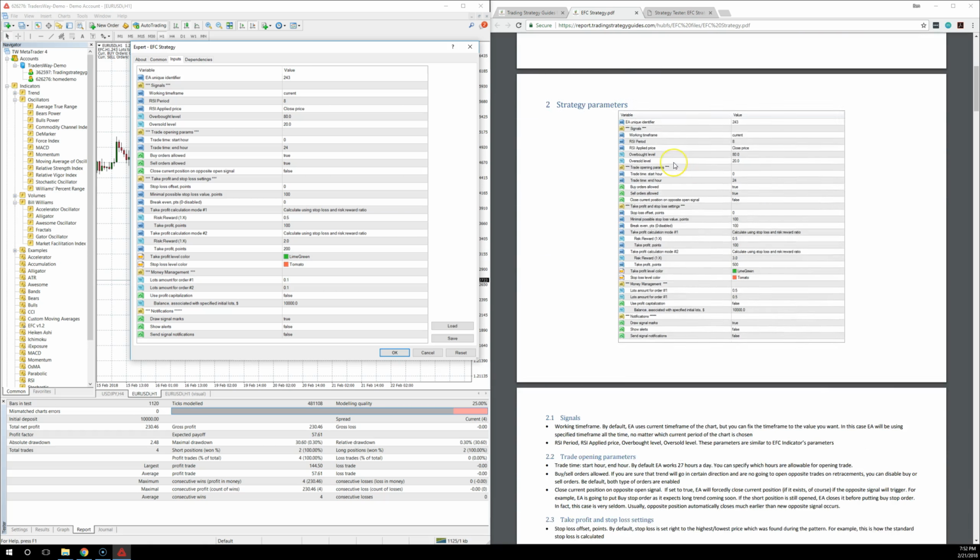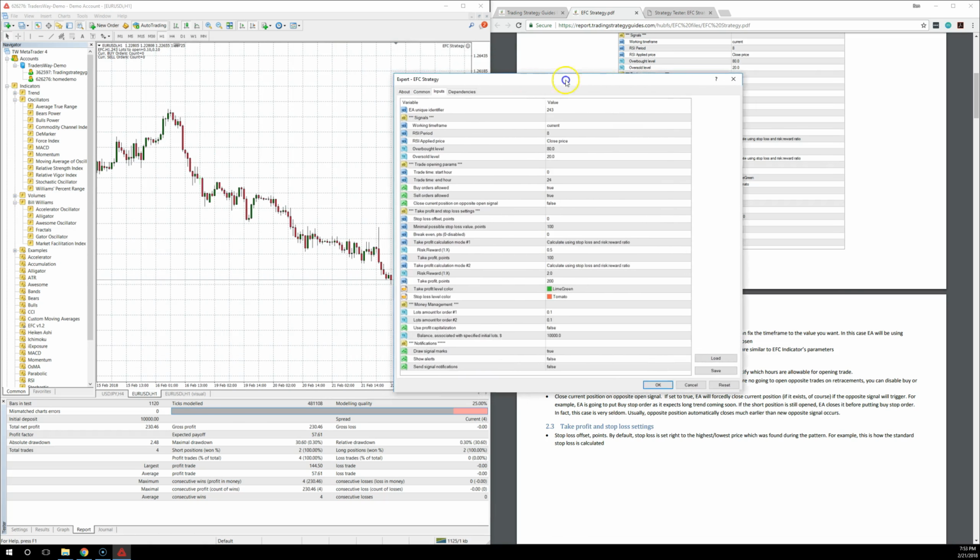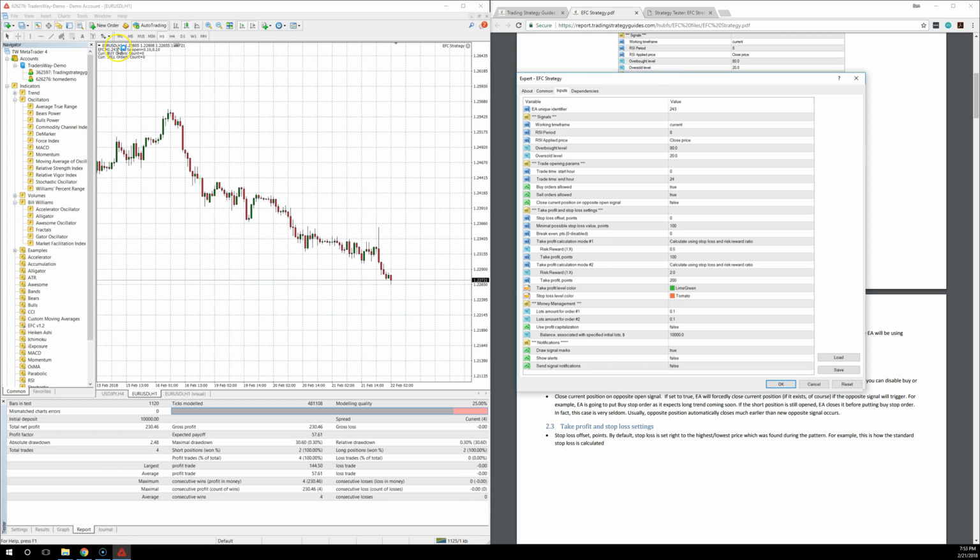So for the strategy parameters, let's start at the very top, which is the unique identifier. This is very important. The unique identifier is set by default to 243.